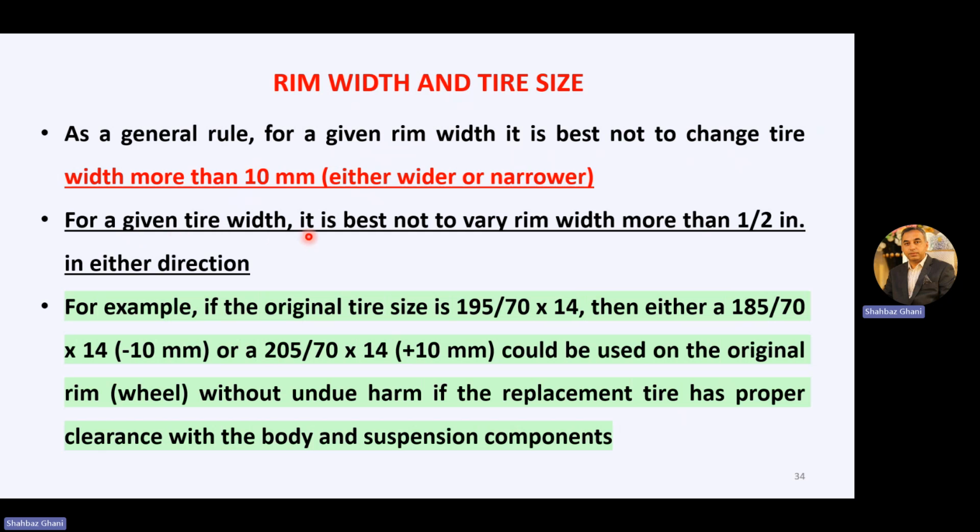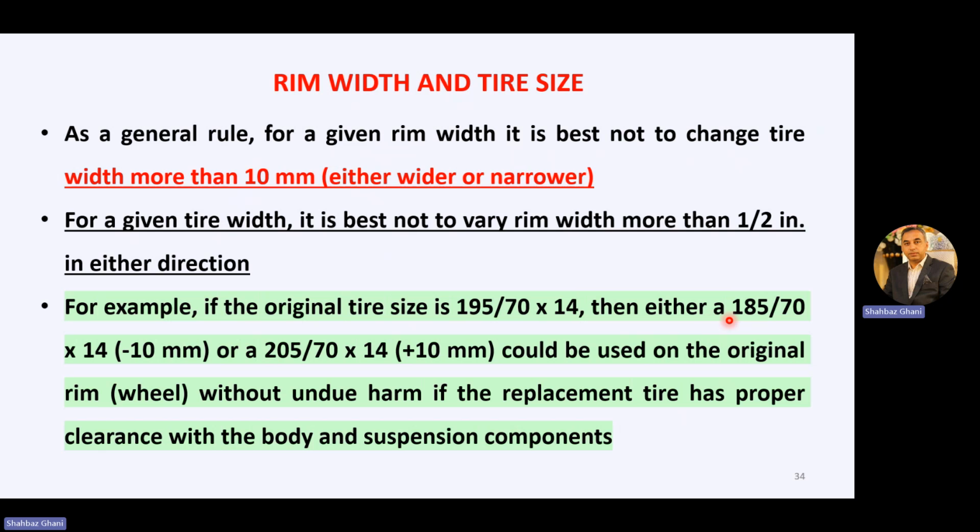For a given tire width, it is best not to vary rim width more than half an inch in either direction. For example, if the original tire size is 195/70 R14, the rim size is 14, the width is 195 and the aspect ratio is 70.